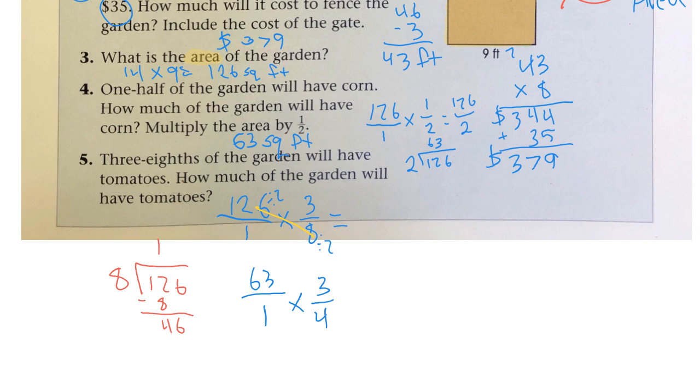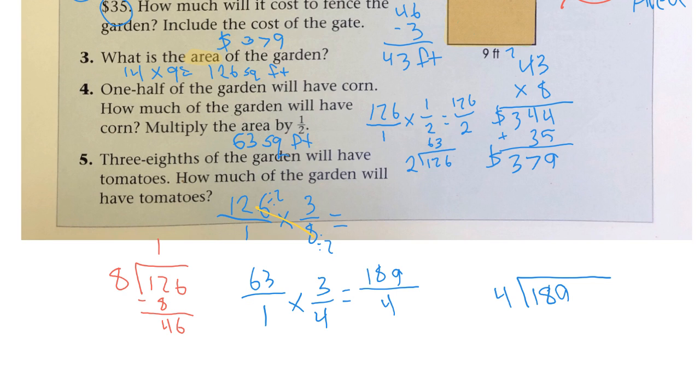That looks a little bit better now. So 63 times 3 would be 189 over 4.